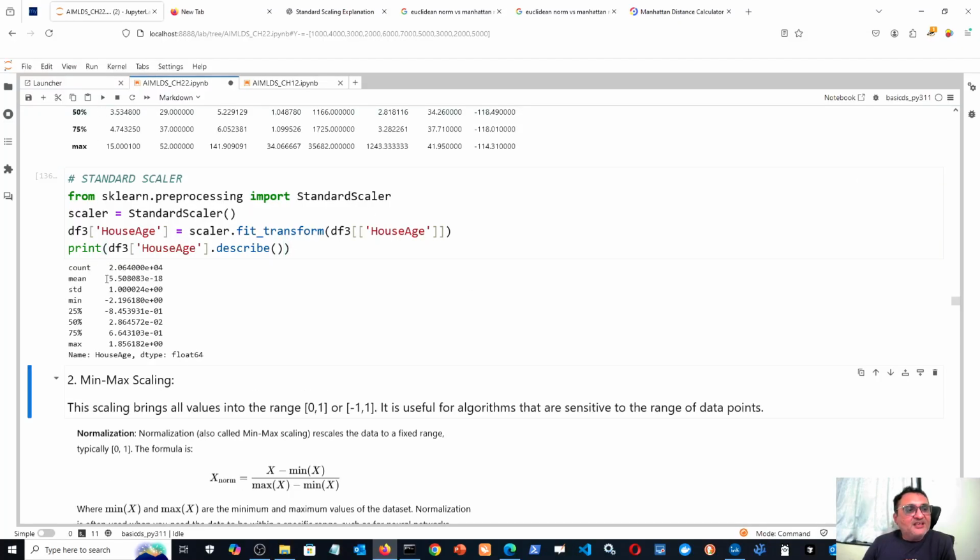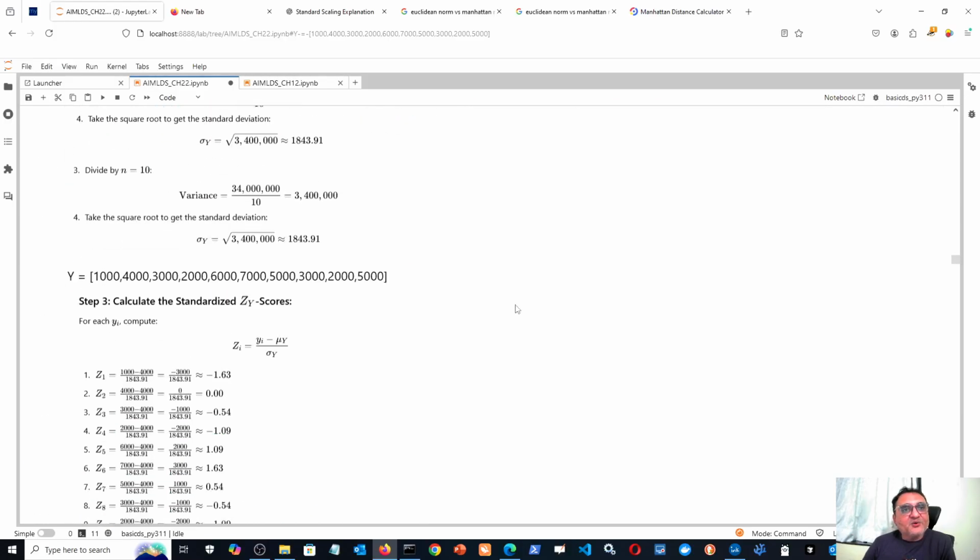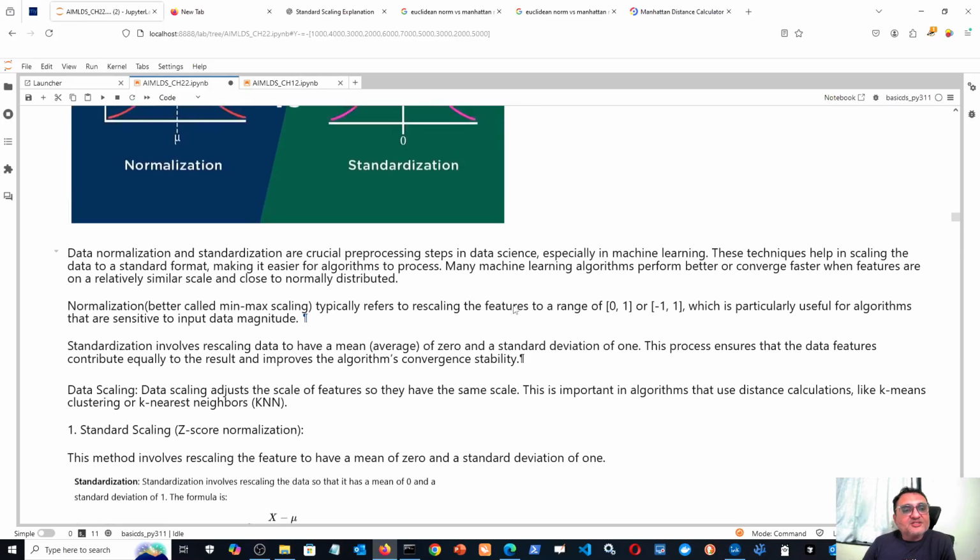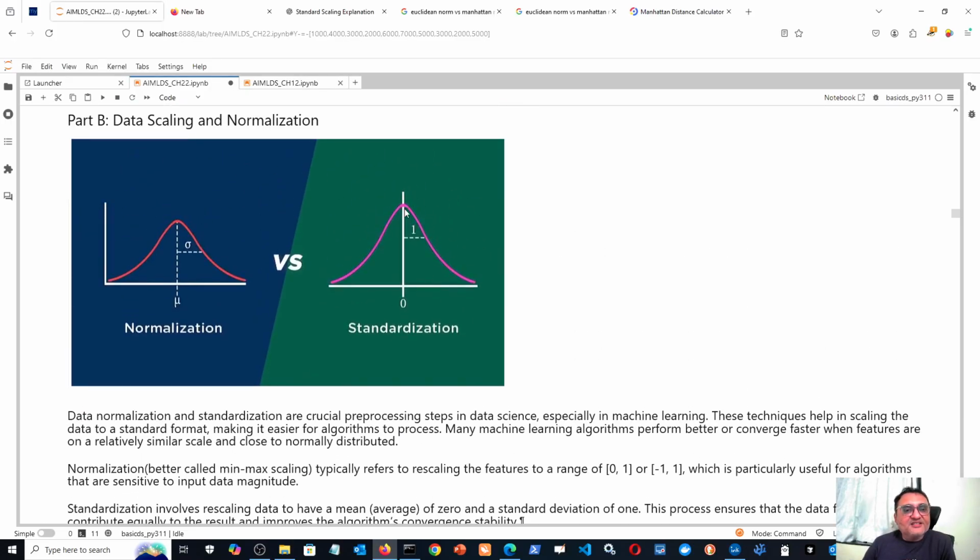Now the mean is 0.000017 zeros and 55. So the mean is 0 for all practical purposes, and the standard deviation is 1.00024 into 10 to the power 0. 10 to the power 0 is 1, and this is also 1, right? So it is again converted into a mean value of 0 and standard deviation equal to 1.